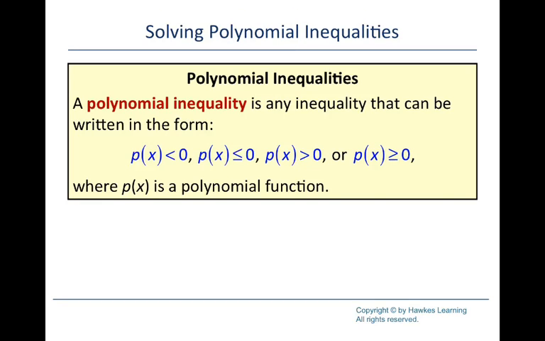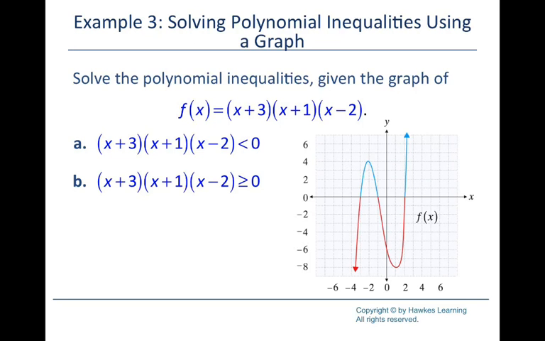So inequalities can be written in this form. It says solve the following polynomial inequalities. These are all factored, so that's nice. And we have x plus 3, x plus 1, x minus 2. A is less than 0.